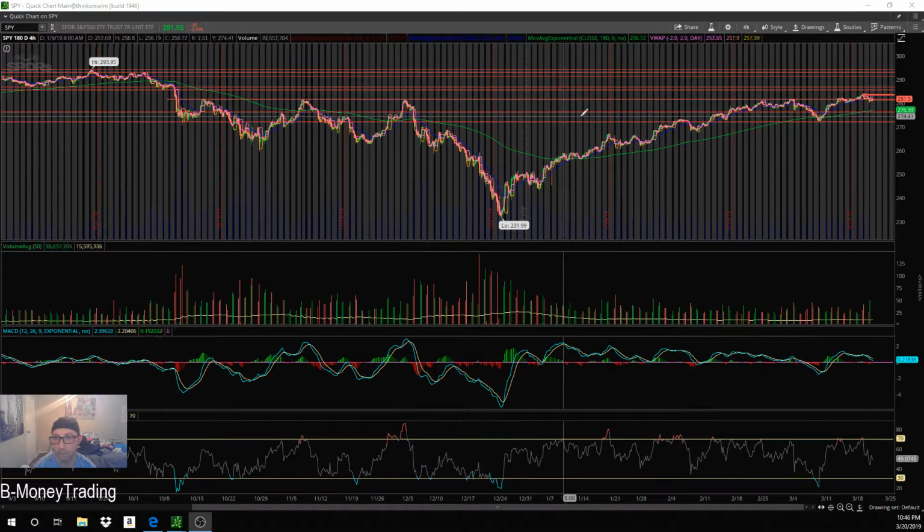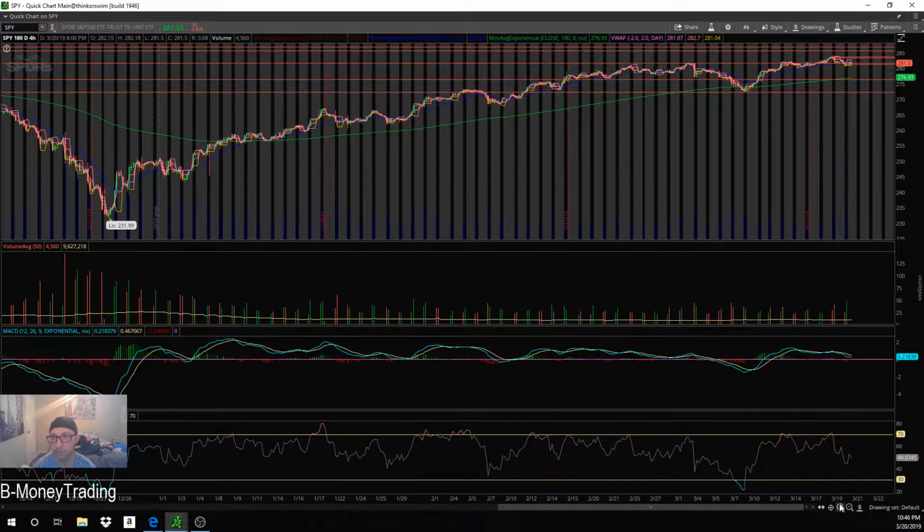So right here, and then we look further down. It got close to touching it right here, but it wasn't able to. But it did touch it here, wasn't able to break above it, and then we'll zoom in a little bit. We can see over here in the past week or so, the same scenario. Eventually it was able to break above it.